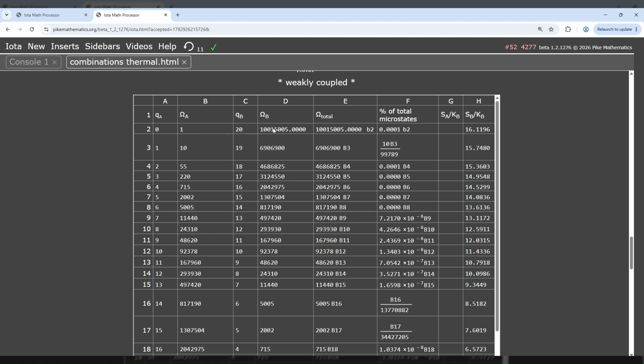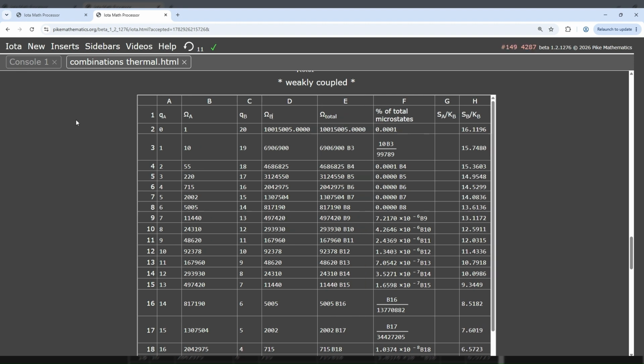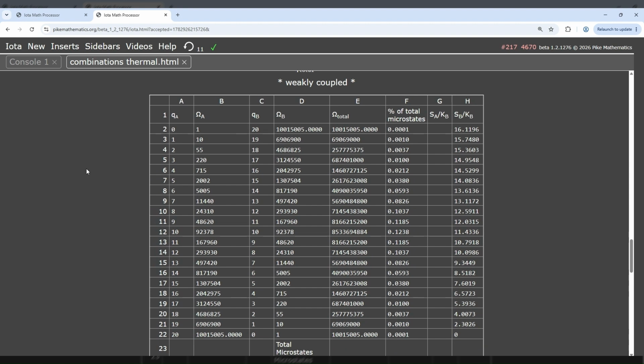That's just the product of omega A and omega B. I've already put that equation in here, but I do need to refresh the page because I just added this information. So I'm going to refresh it. Takes a little time because it's refreshing everything that I've got here. There we go. So here's the total multiplicity.